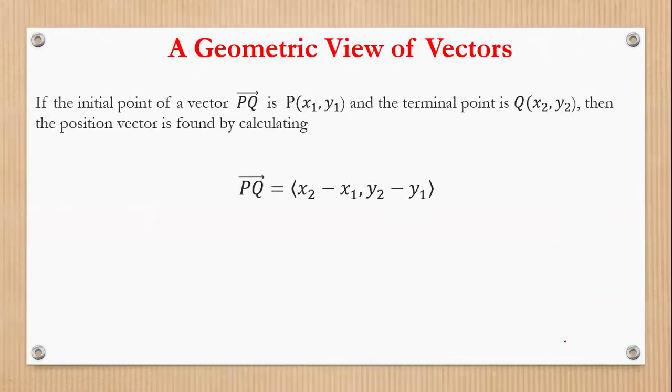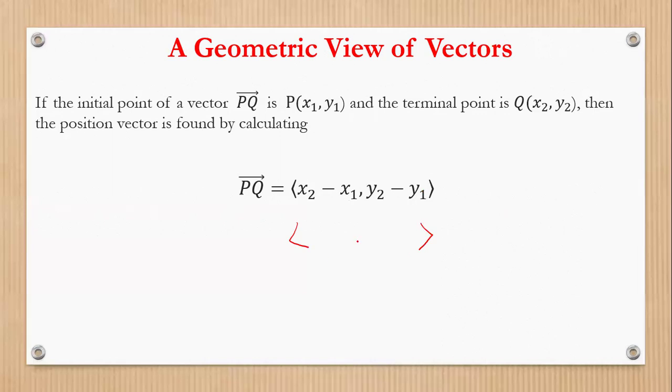If we have a vector PQ, which the initial point is point P with the coordinates of x1 and y1, and the terminal point is Q with the point of x2 and y2, the position vector, or the vector PQ, will be calculated by x2 minus x1 and y2 minus y1. And this is the notation that we use for showing the components of the vectors.